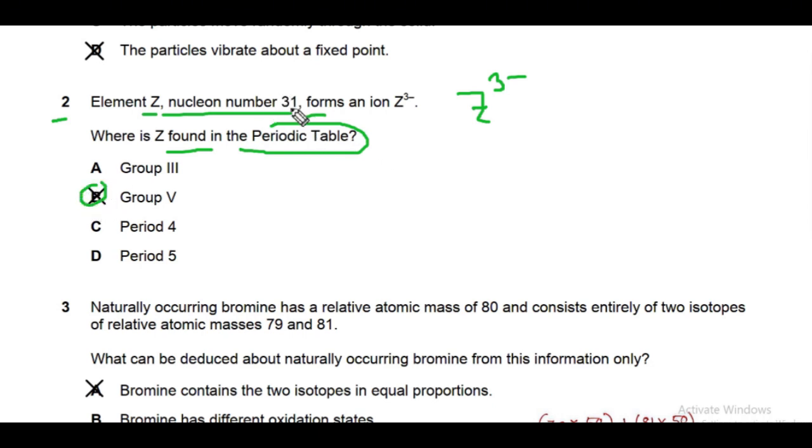You see, nucleon number 31 is phosphorus, atomic number 15, mass number 31. Phosphorus is a group 5 element, so it forms a 3- ion. So Z 3- means a group 5 element. A group 5 element forms a 3- ion. So B is the right answer.